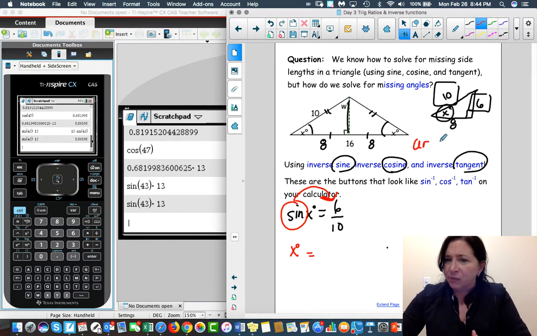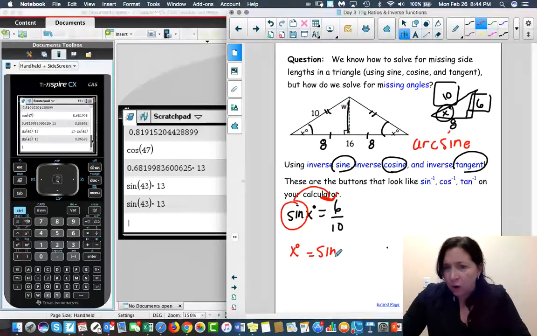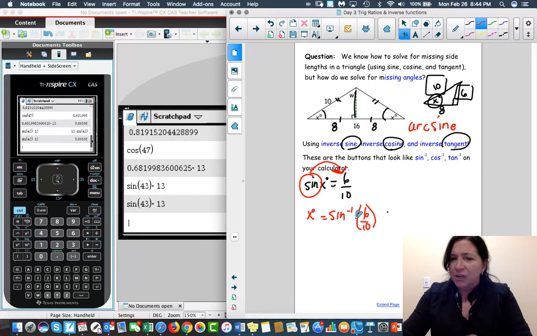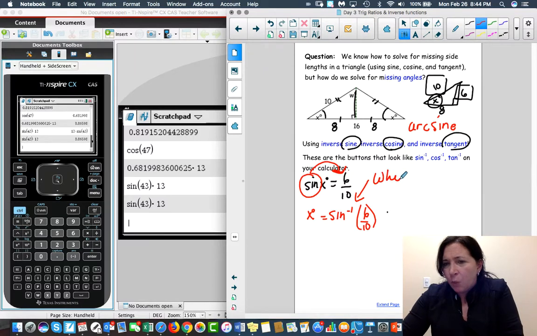I'm going to write arc sine like that, of 6 over 10. I need to know where that angle is. By asking the inverse sine, that's saying, at what angle, or where are you? What angle has a ratio of 6 over 10?